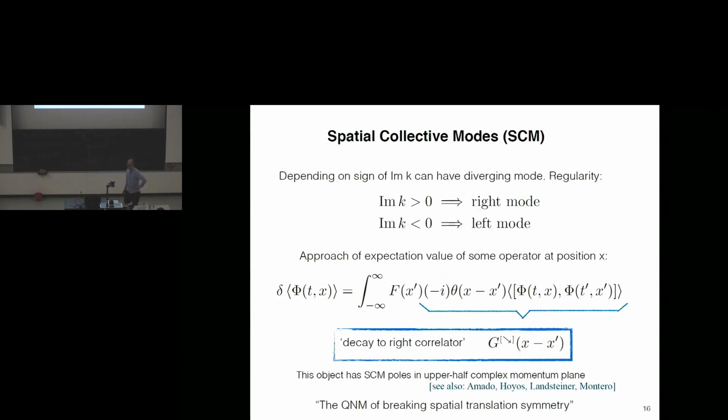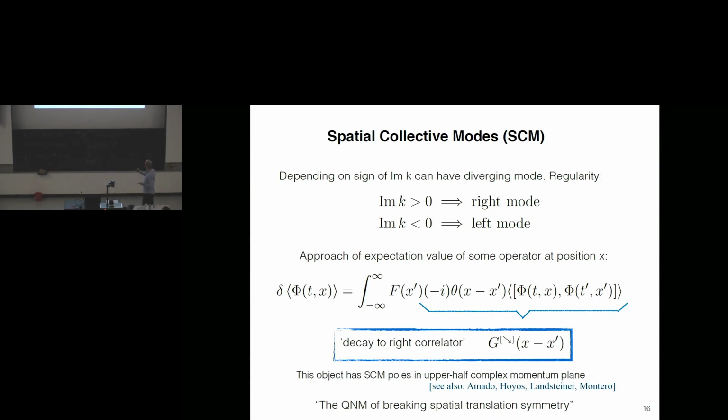However, you say, these modes are clearly not regular, because depending on the sign of the imaginary part of K, you can have a divergence. In fact, the regularity behavior is such that if the imaginary part of K in our convention is positive, then this mode will be regular to the right, but it will be irregular to the left.